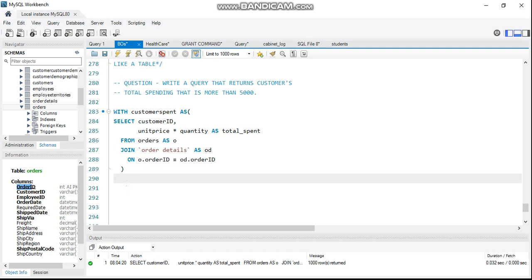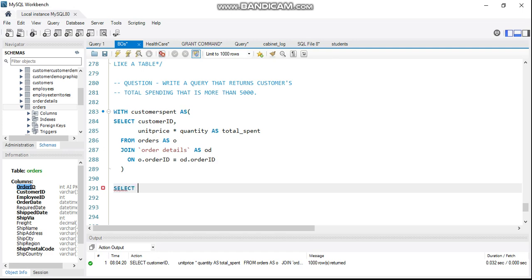The next one is to go in here and now query the thing that we have here, which is this. We want to query this now, because the question says we should look at the customers that have spent more than 5,000. And how do we get that? We get that by saying select, we're going to query that query also.